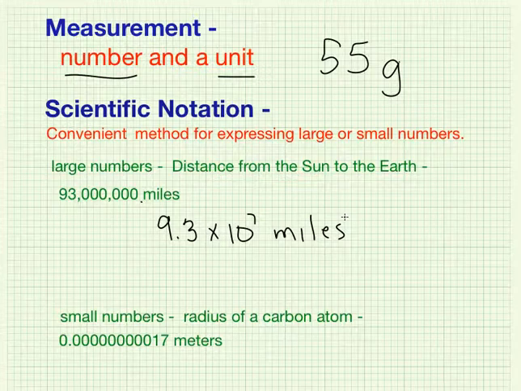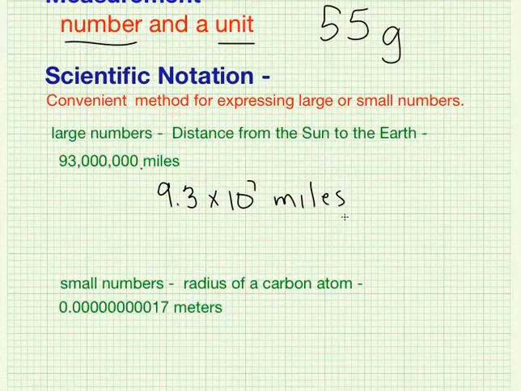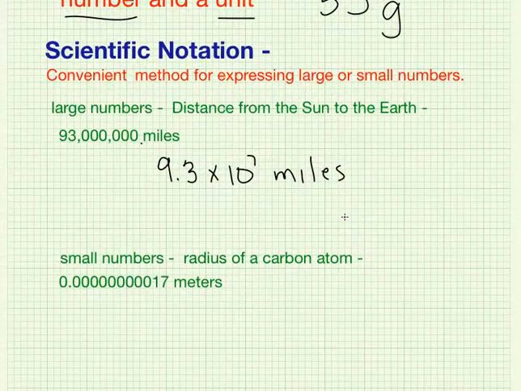Now compare that, I'm going to move my screen down a little bit, to where we have a small number, and a small number is what we encounter when we're looking at the size of an atom. This time I want to move my decimal so that there's one non-zero digit to the left of it.